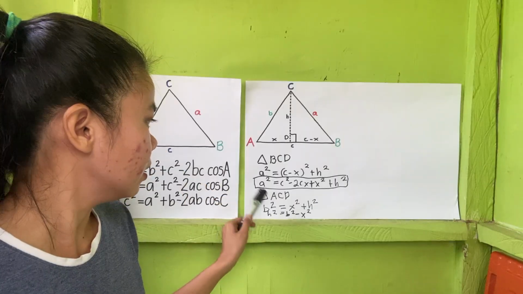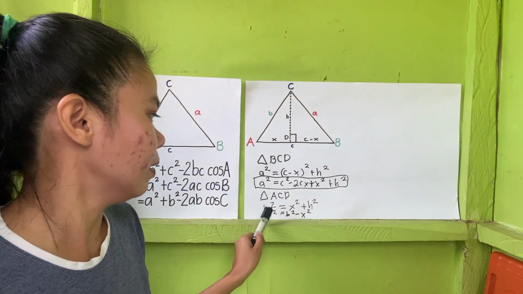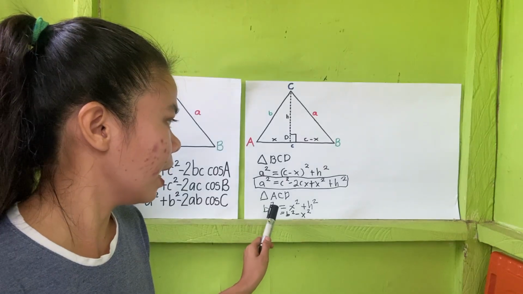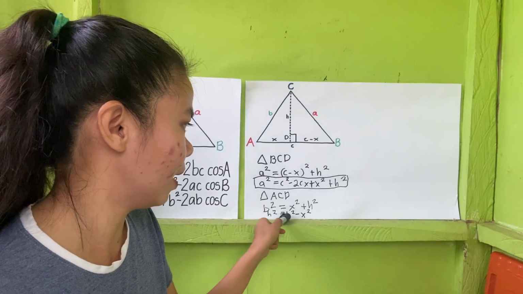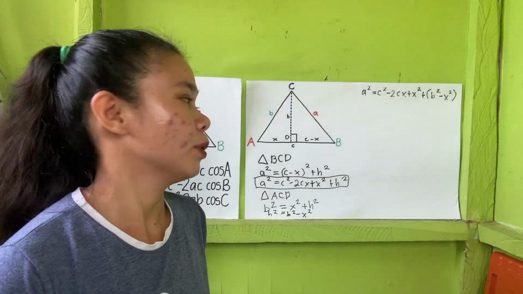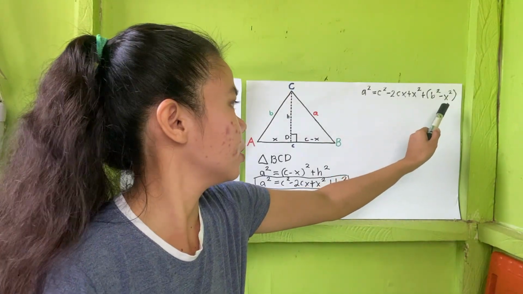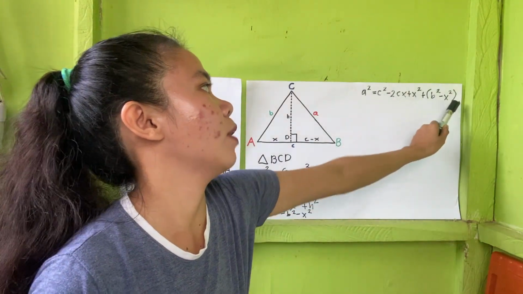That gives us h squared is equal to b squared minus x squared. We are now done substituting b squared minus x squared for h squared.